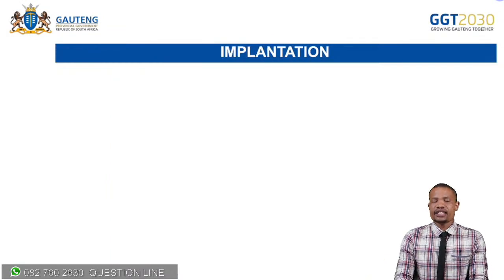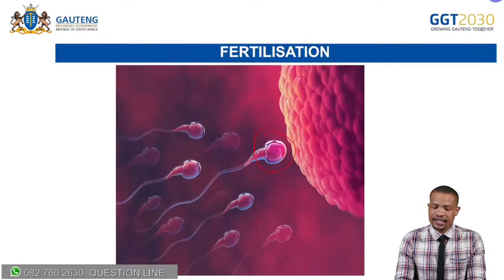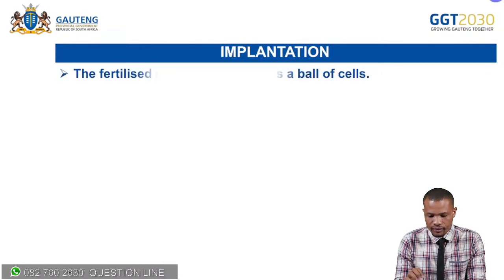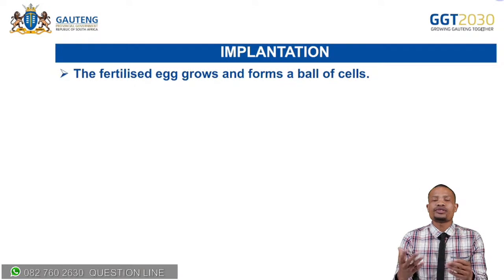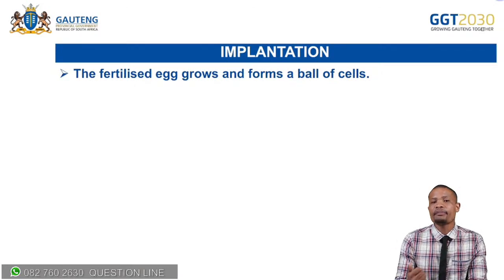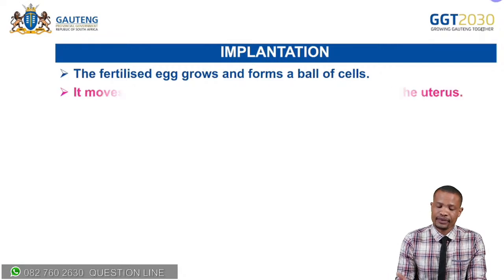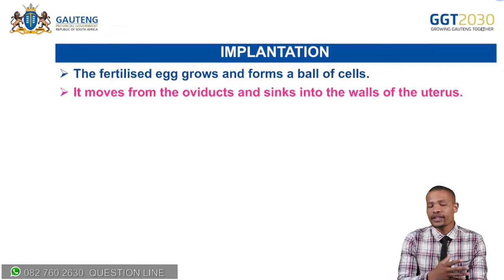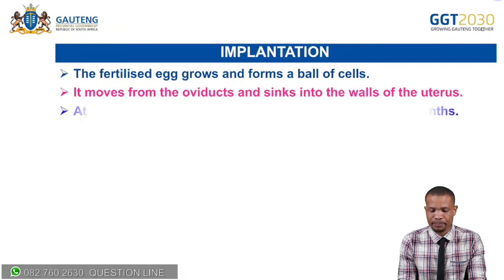Now the next stage is known as implantation. During implantation, you have the fertilized egg growing and forming a ball of cells, and it moves from the oviduct and sinks into the walls of the uterus.